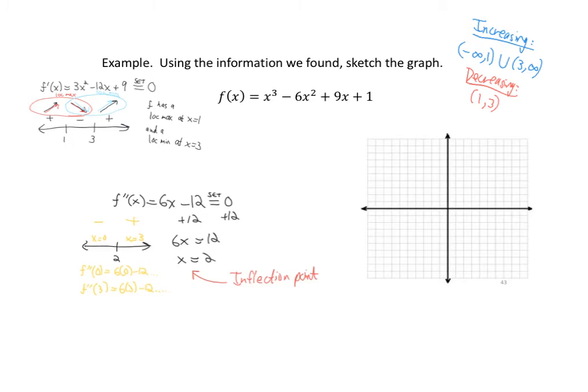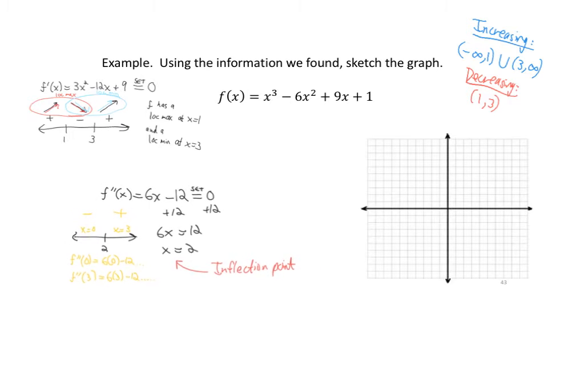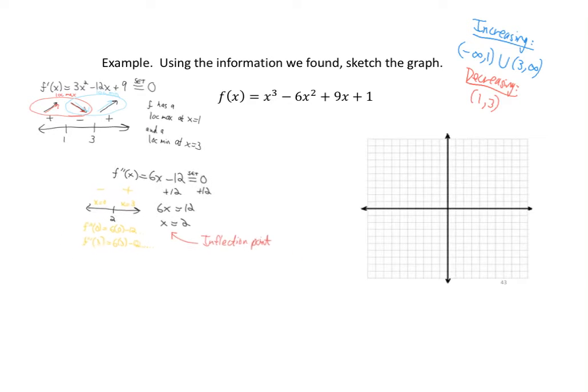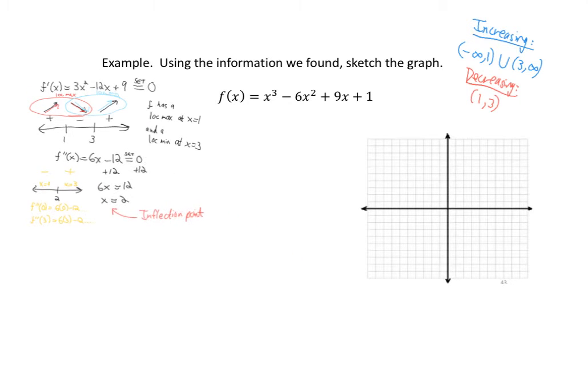But we actually might benefit from some additional information. It might help to know what the y value is that goes with that. So I'm going to calculate the y values of all the important x values. We have 3 important x values.